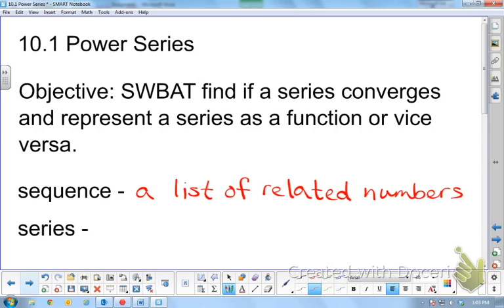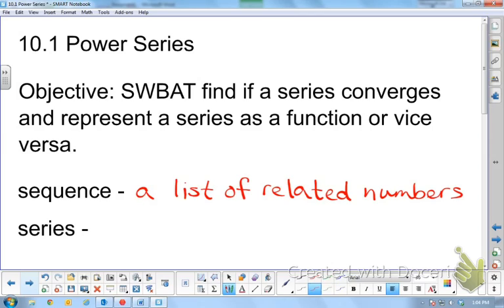So the next term would be 1 plus 2, so it would be 3. Then we'd have 1, 1, 2, 3. So we're adding the 2 and the 3 now, so 5, 8, 13, 21. You're just adding each previous set of numbers.